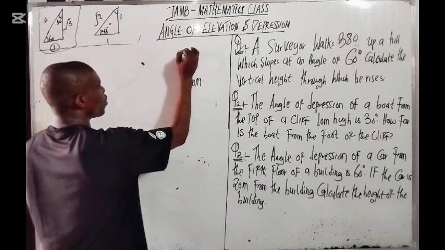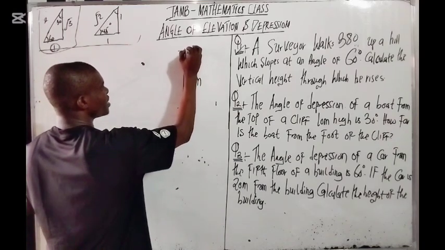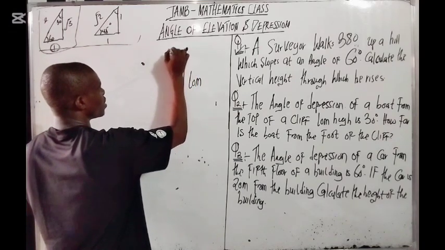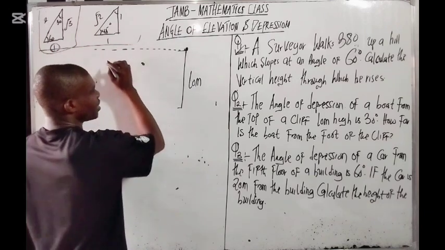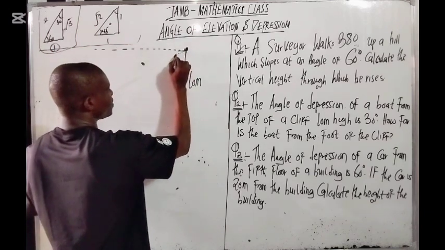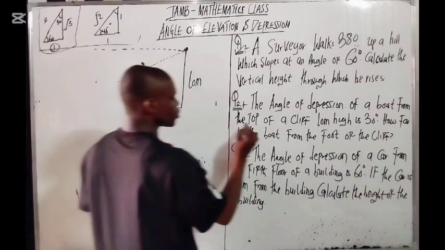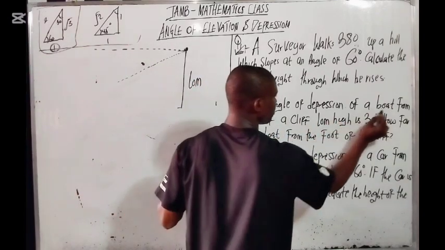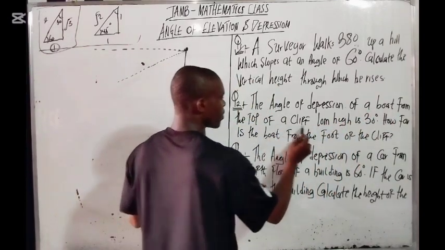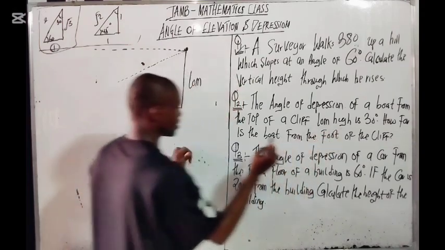They say that, let us say this is the guy here, right? This is what is pointing here. Now you see the angle of depression of a boat from the top of a cliff is this, right?